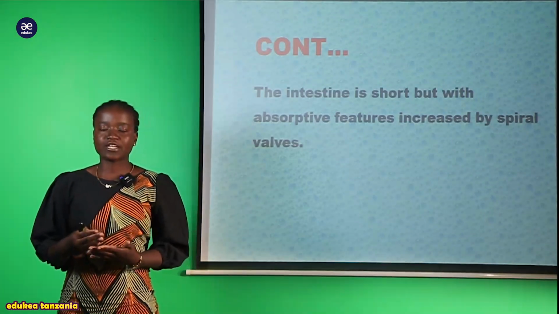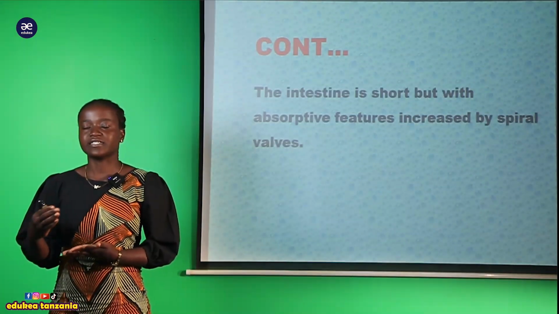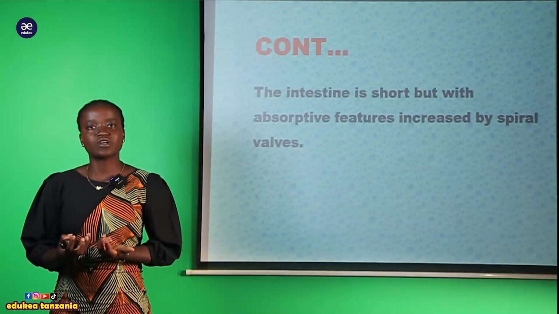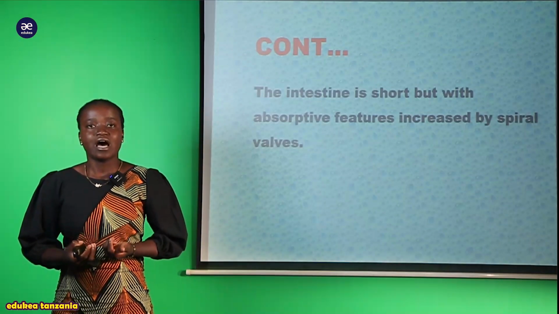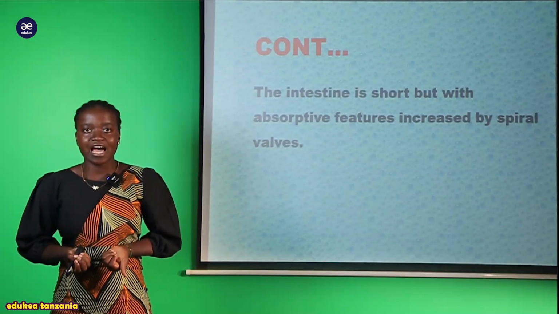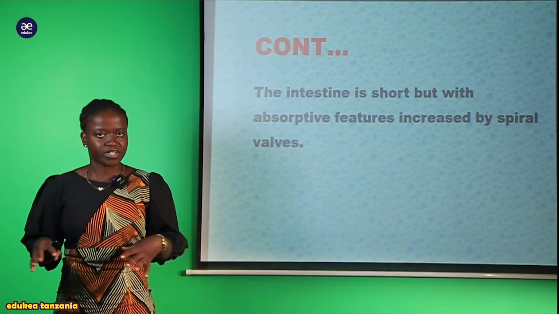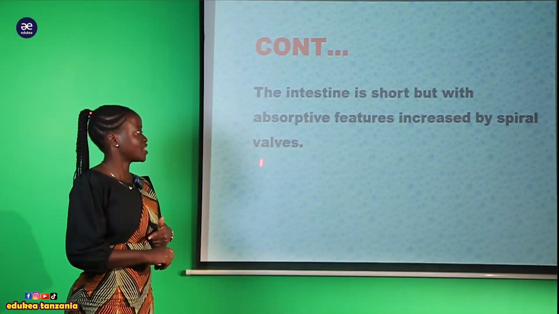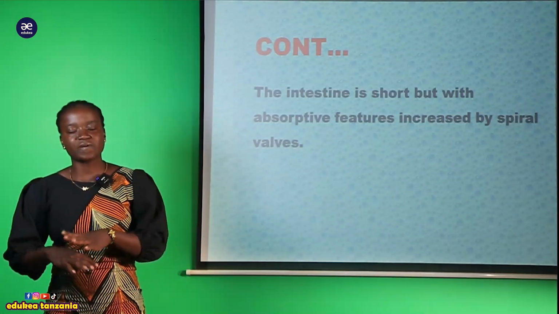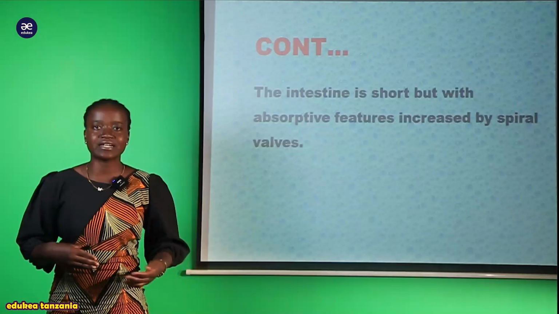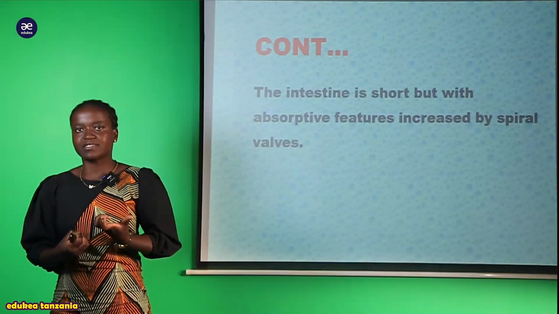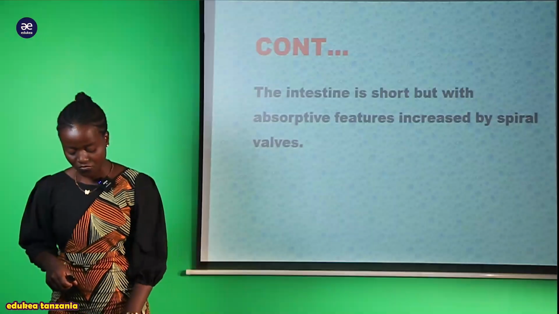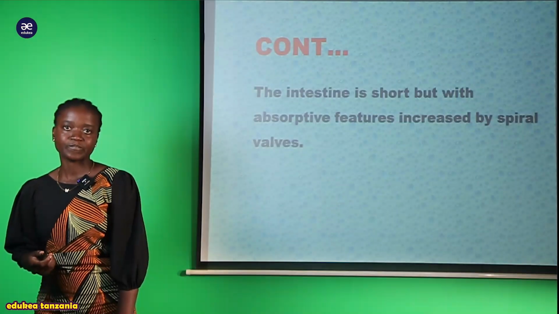So ile shortness of the intestine ndiyo ambayo inawasaidia hao organism to absorb much more food within their bodies to be used for different purposes. But also we have seen that this organism, they have spiral valves. So these spiral valves ndiyo ambayo ina increase ile absorptive purpose that is carried out by the intestine, which is found within their body.